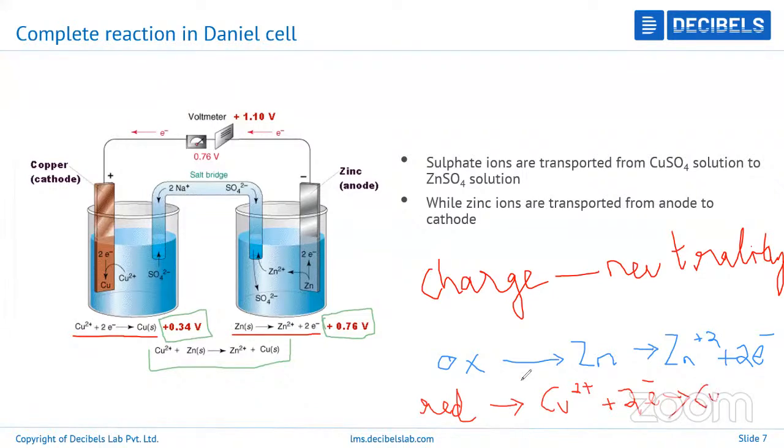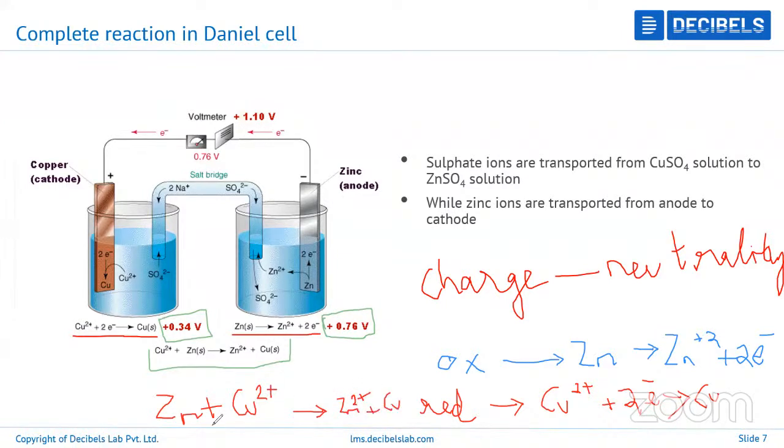If I add these two reactions together, what do I get? I get this final reaction: zinc plus copper ion gives zinc ion plus copper.